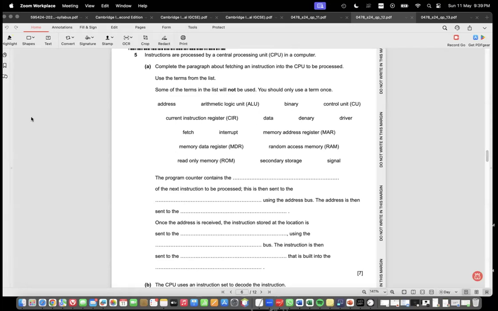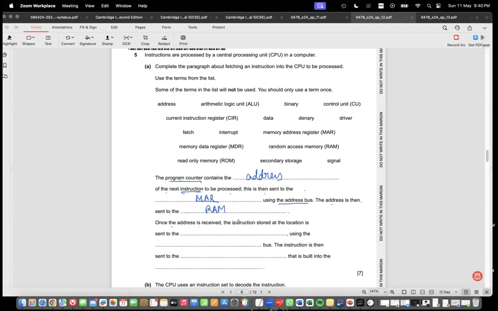Now let's see this question. The program counter, a register, contains the address of the next instruction to be processed. This is then sent to the MAR, memory address register, using the address bus. The address is then sent to the RAM, so that we can locate where we have this address and what data it contains.